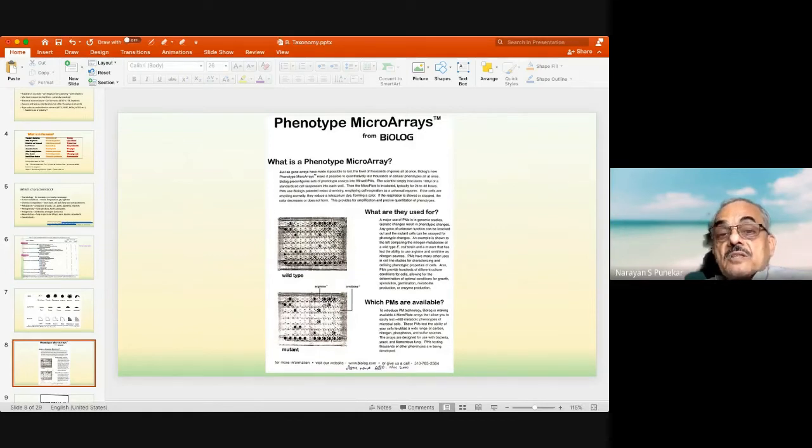There are 96 conditions here, so you can have a large number of conditions and different sets of plates. This is a resource available. You can Google and find out some of these companies. You don't have to do everything, you can just send the organism and get this kind of data. This is a service, so to speak. Phenotypic microarrays you can get from Biolog.